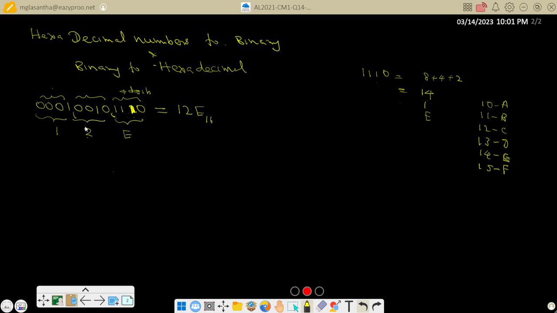So the hexadecimal equivalent is 1, 2, E. Okay? Now you can check whether this is correct. We convert 1, 0, 0, 1, 0, 1, 1, 1, 0. What is this?